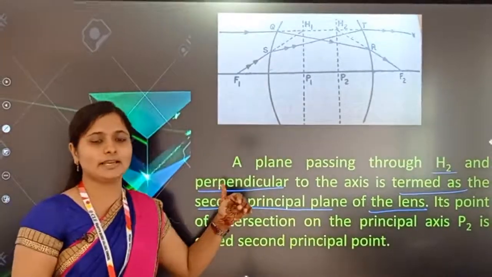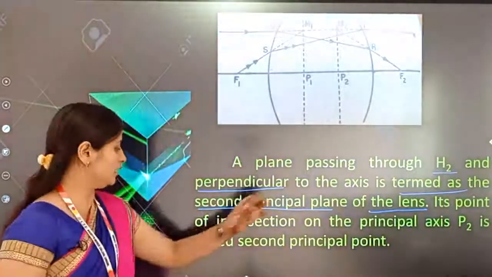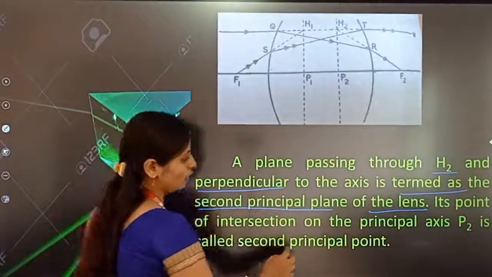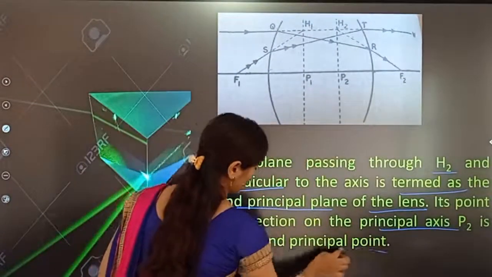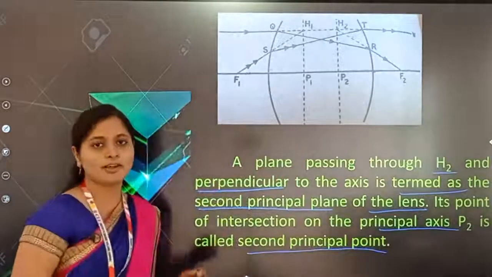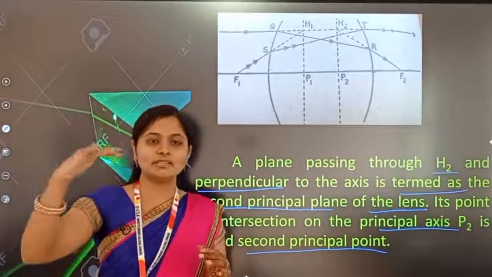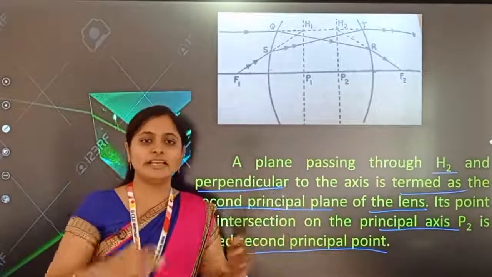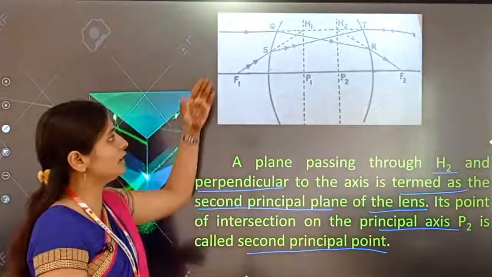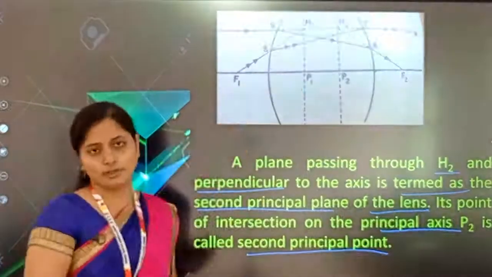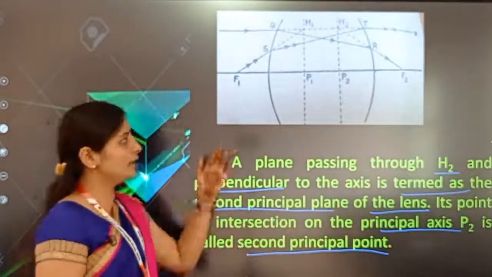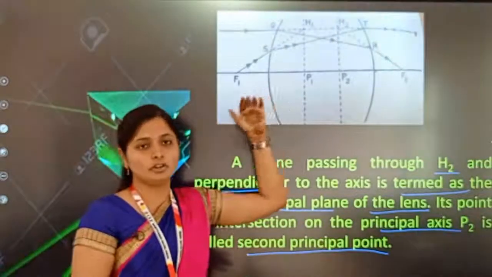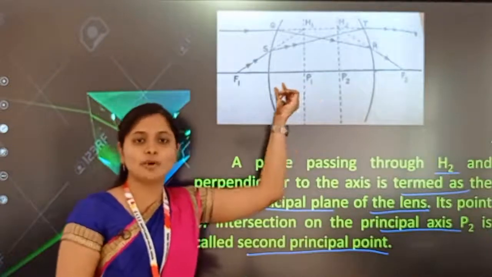The point of intersection on the principal axis, P2, is called the second principal point. Got it? So here our incident ray and emergent ray intersect at H2 P2, which is called our second principal plane, and on the principal axis we get the point P2.